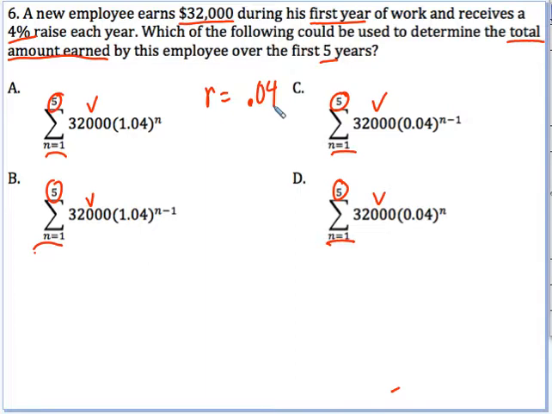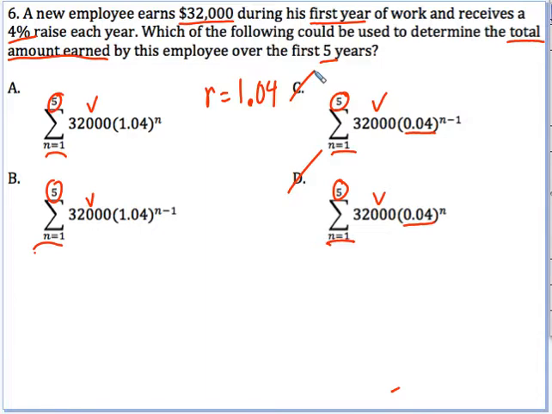It wouldn't be the total annual salary. I need to have my rate be 1.04 to get the total salary. So look at this. This one has the wrong rate. This one has the wrong rate. So it's definitely not D and not C.